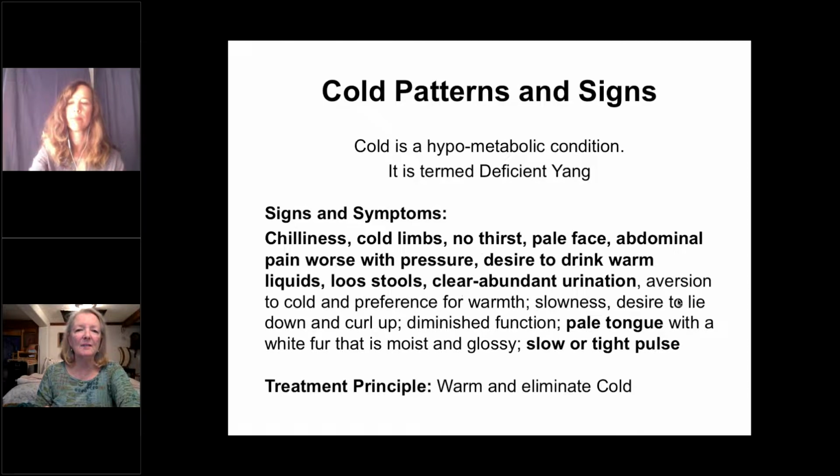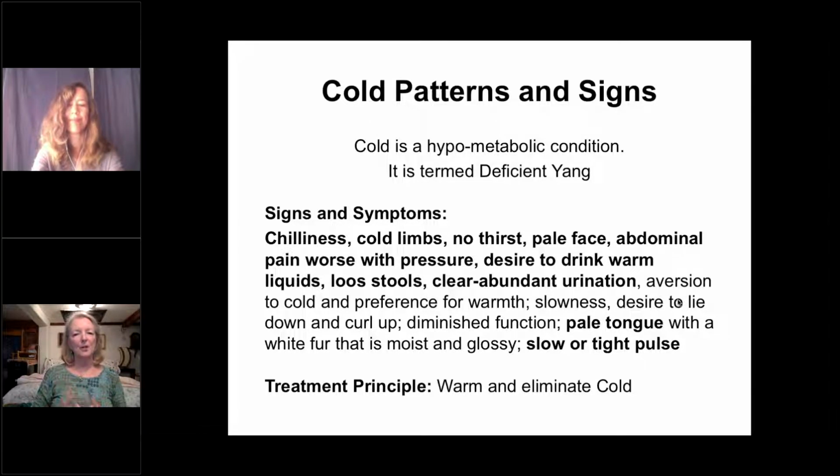Okay, cold and heat, the nature or the energy of the disease. Cold, we talked about a lot this morning, and I left that chart up. So coldness, usually if somebody has a lot of coldness, we call it deficient yang. There's not enough heat. But there can also be coldness in an organ. Oop, instead of lost stools, it's loose stools.